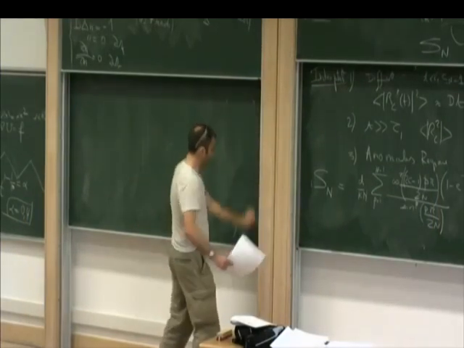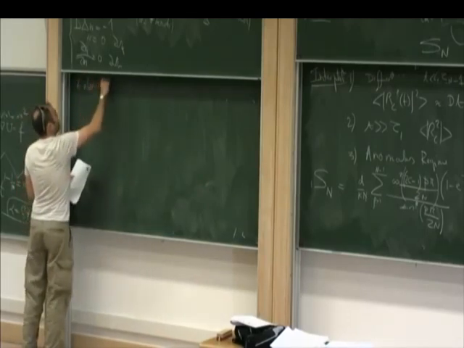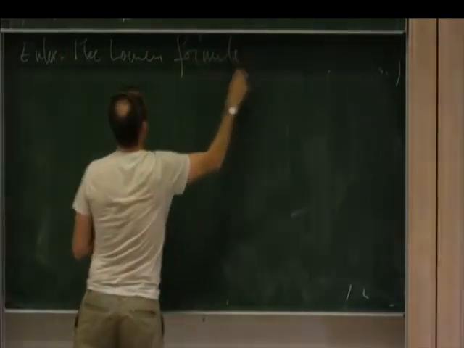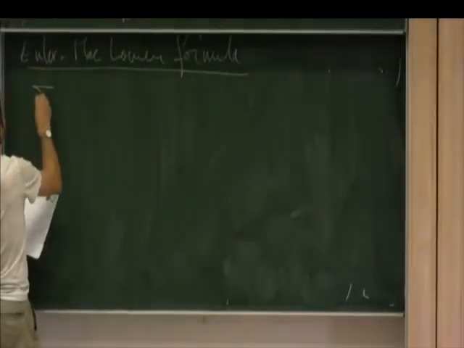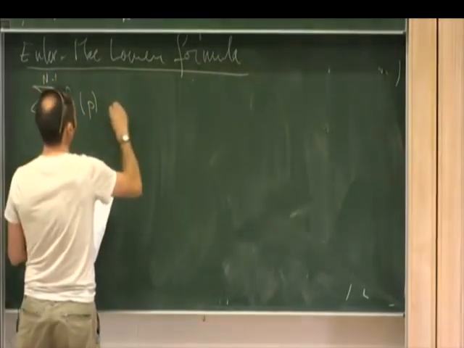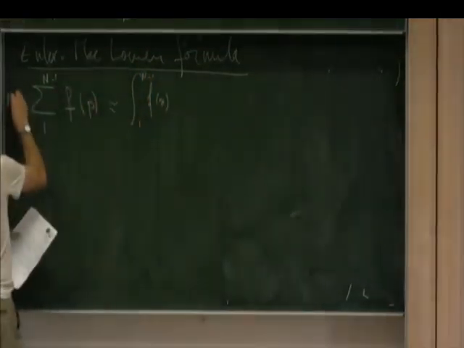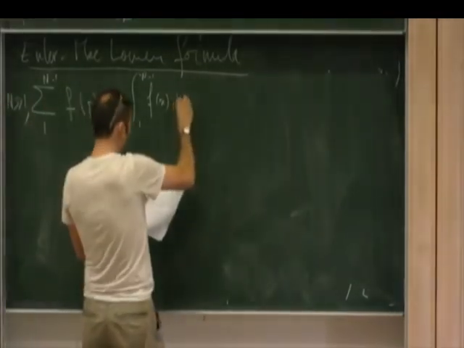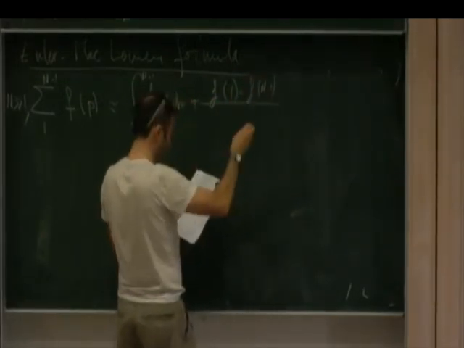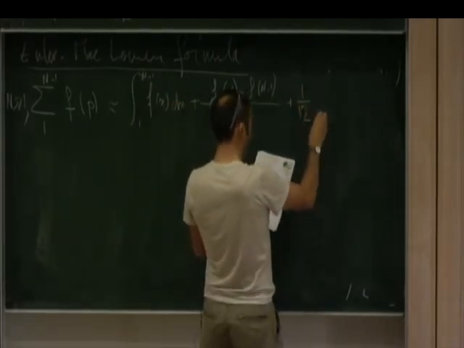So let me remind you what it is. If we have the sum of a regular function, f of p from p equals 1 to n minus 1, this can be written, when n is sufficiently large, as the integral from 1 to n minus 1 of f of x dx, plus a residual term: f of 1 plus f of n minus 1, and this was found by Euler and other people some time ago, plus 1/12 f prime of n.